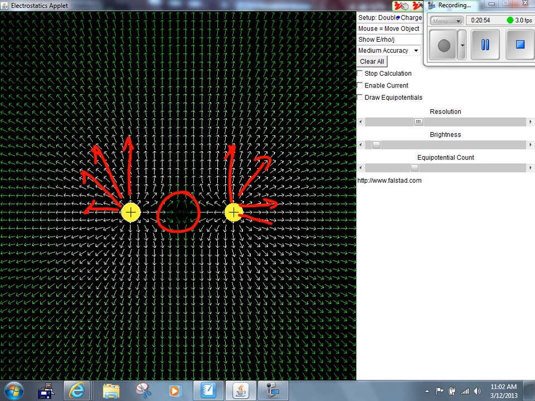And it looks the same as just an individual point charge, on the right-hand side of this guy and the left-hand side of this guy. But when we get in the middle here, these field lines are pushing away from each other. So the pattern is going to look something like this. Can you tell me what the net electric field would be in this little area right here? How strong would the electric field be?